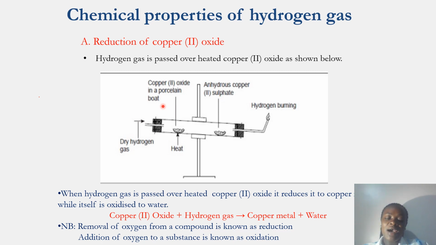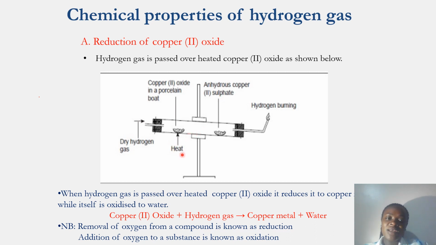So hydrogen reacts with copper 2 oxide to form two products, that is copper metal and water. Remember, water is an oxide of hydrogen. It is the same as hydrogen oxide. So when copper 2 oxide reacts with dry hydrogen gas, it forms two products, copper metal and water.